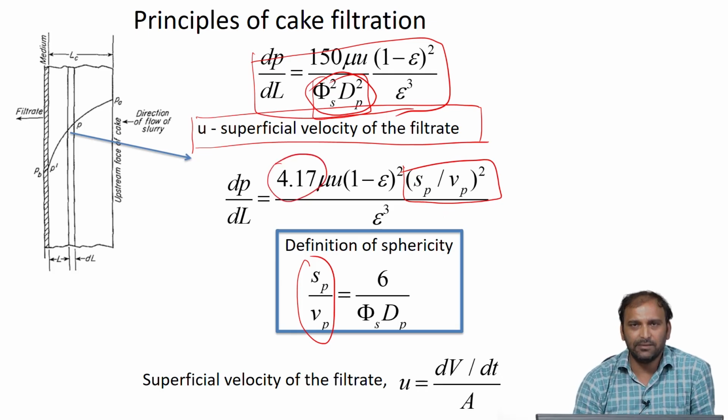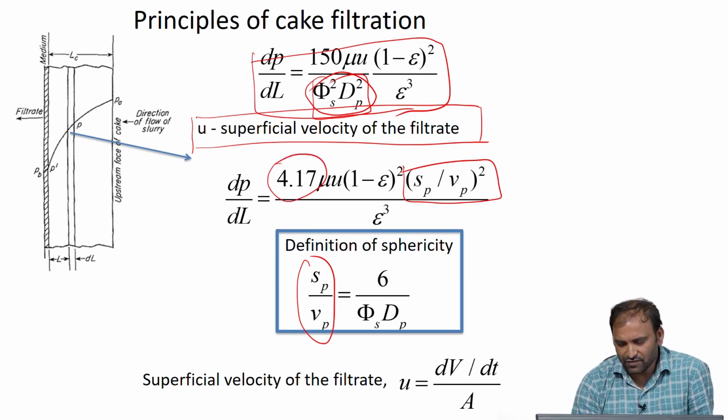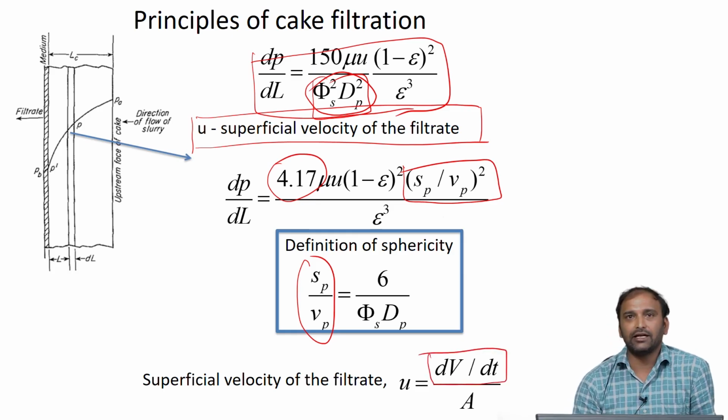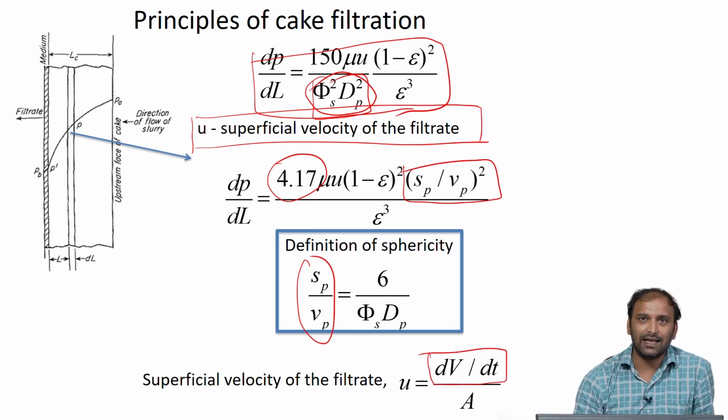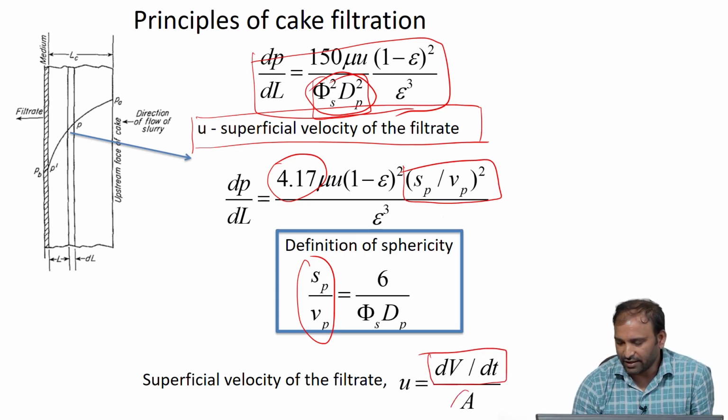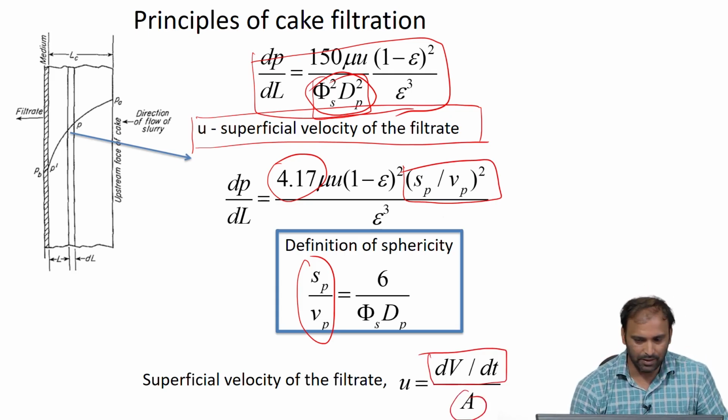4.17. And the superficial velocity of the filtrate is essentially defined as the rate at which the filtrate is collected at the downstream divided by the filtration area that is available.